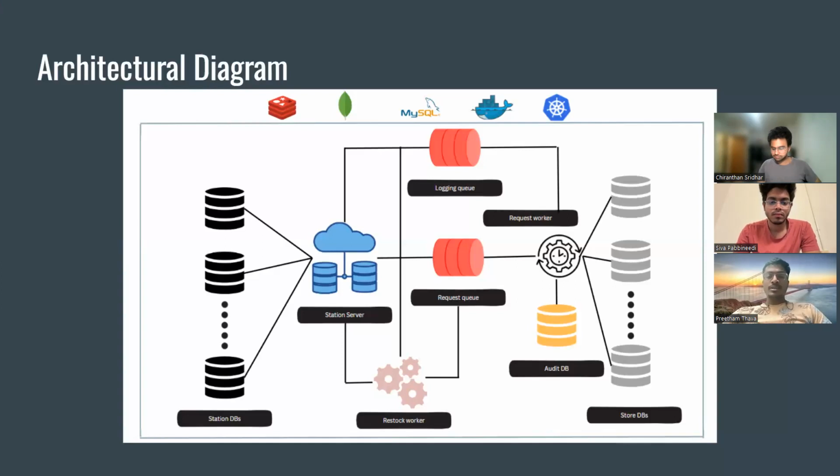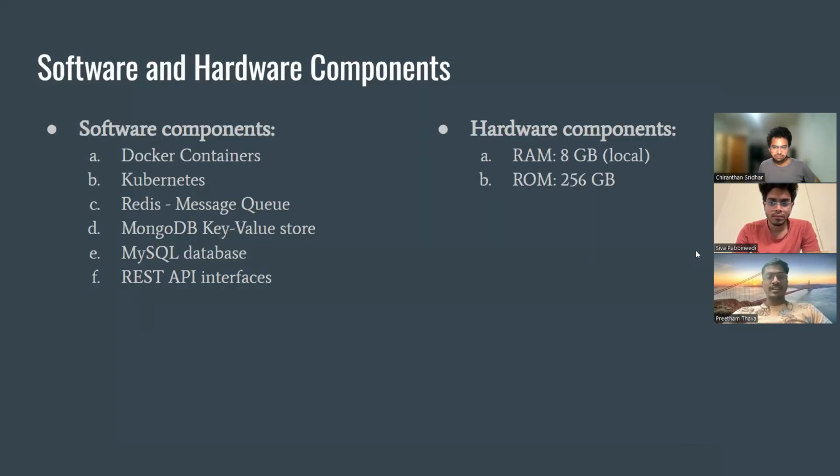And the restock worker looks into that restock message queue and fills the items back into the station for all of the orders which have been placed. And this is how our architecture works. The only other thing is we have the logging queue, which gets messages logged from each of the components, and all of those will be displayed separately. Going to the next slide.